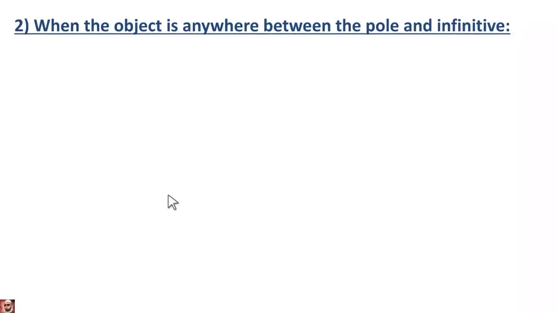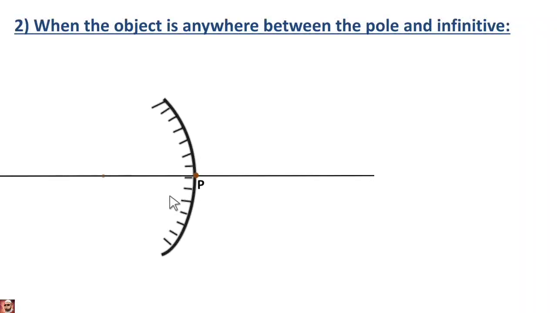When the object is anywhere between the pole and infinite distance, you get the same ray diagram. So what is the ray diagram? Here we are placing the object in front of the convex mirror. Here also we have to follow two rules.